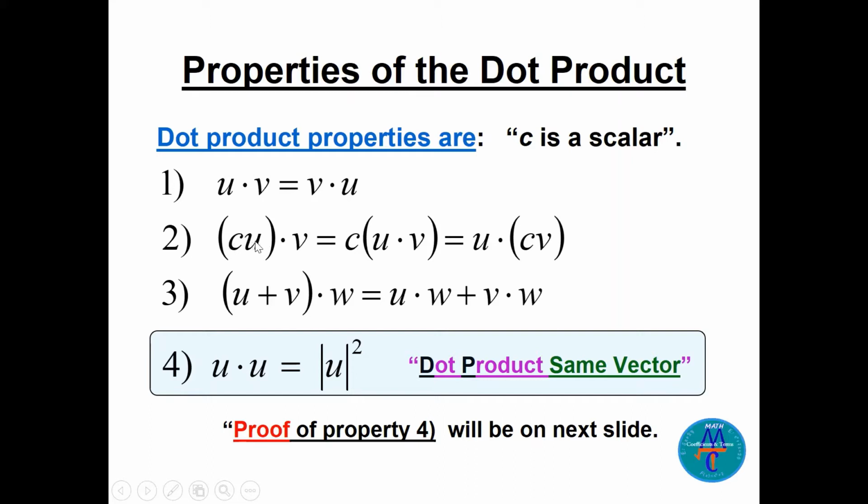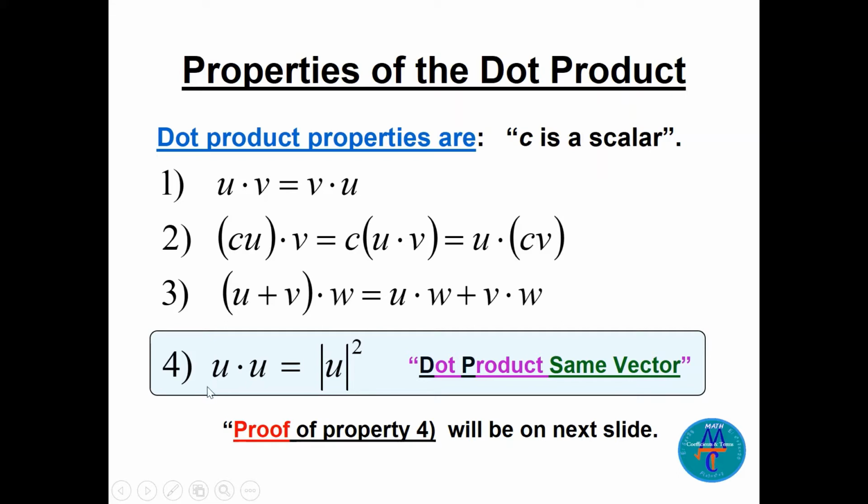Scalar times a vector, (cu) dot v, is the same as c times (u dot v), because c is a number, or u dot (cv). If we have a sum of two vectors, (u + v) dot w, you can find u dot w plus v dot w, or find the sum u plus v as one vector, you can call it vector t, dot w, and use the definition.